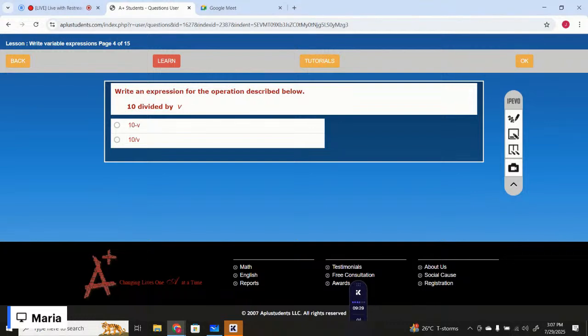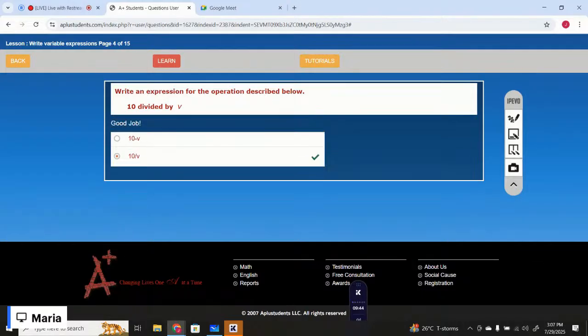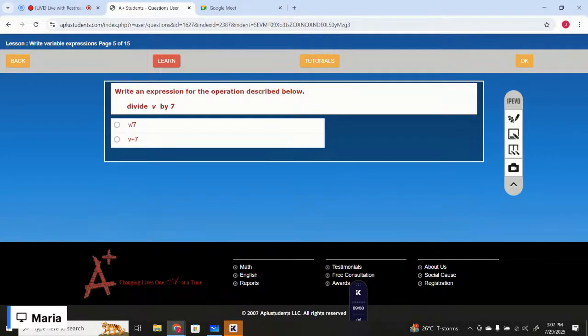Write an expression for the operation described below. 10 divided by V. So option number 2 is the correct option. It is 10 divided by V. Write an expression for the operation described below.